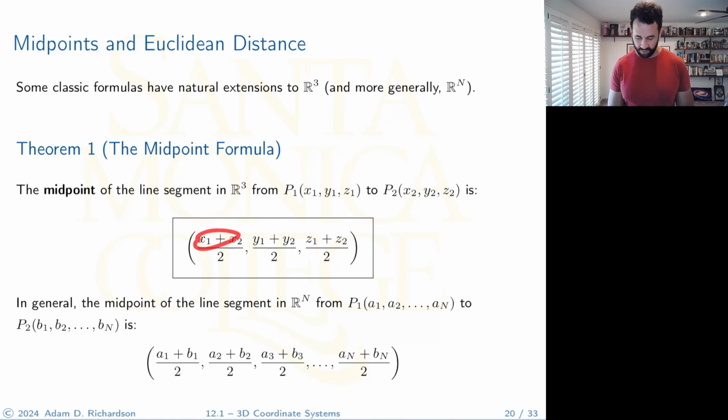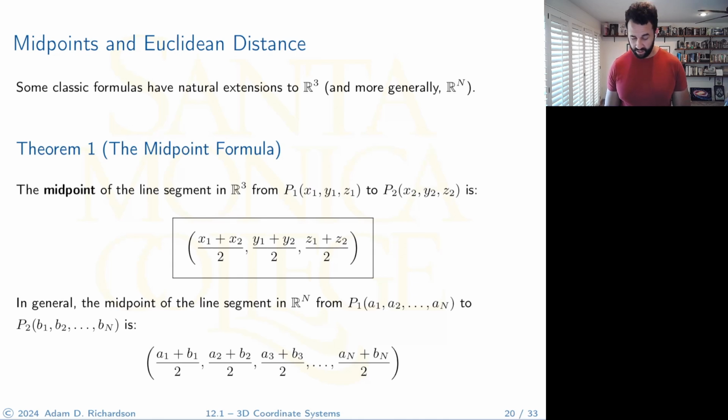So x1 plus x2 divided by 2, you end up in the middle. y1 plus y2 divided by 2, you end up in the middle. z1 plus z2 divided by 2, you end up in the middle. And so this is the midpoint of a line segment in R3 from point 1 to point 2.